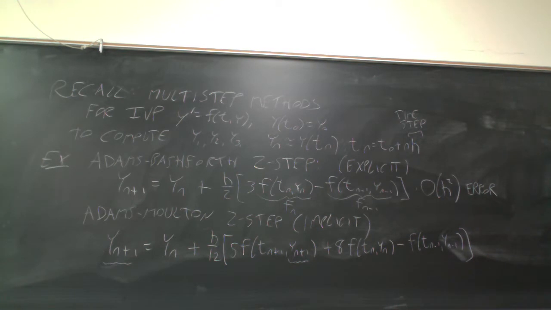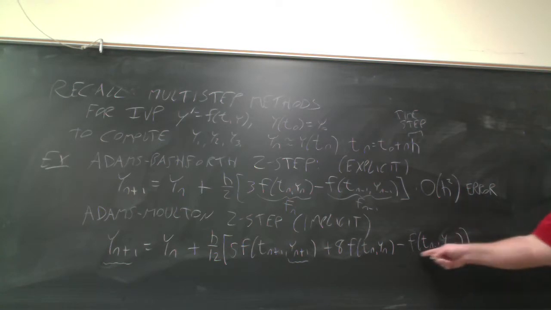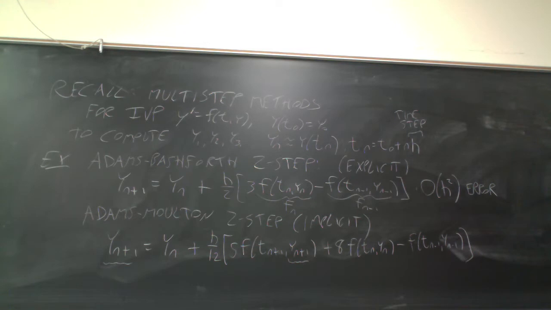So notice that Adams-Moulton method has three terms, three f values. So there will be three beta coefficients, but we still call it two-step because it only reaches back to time tn minus 1. So that's what determines what kind of method we call it, two-step, three-step, four-step. It's how far back in time you reach.